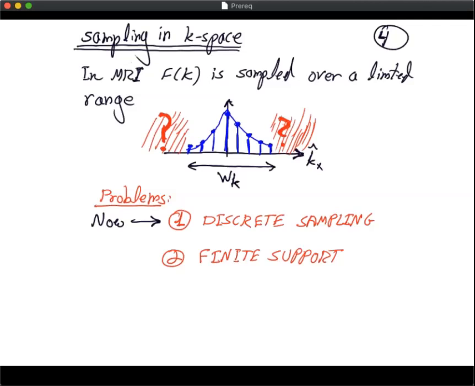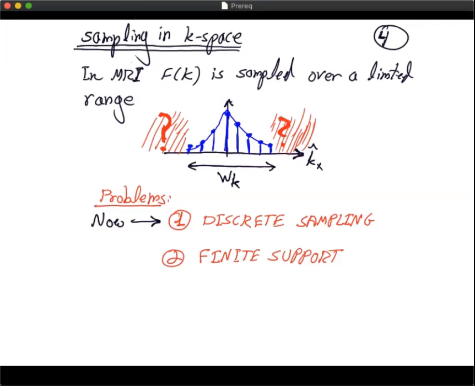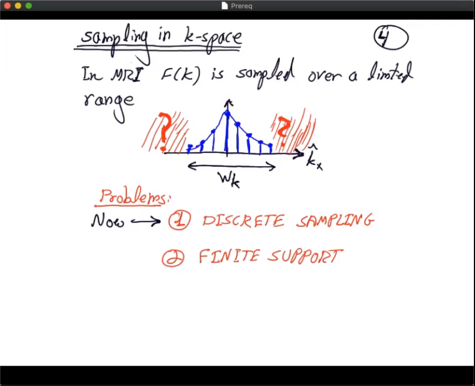So we're going to collect only a finite number of frequencies at low resolution, and those will also be discrete. We're going to do an analysis to see what the effect of this discrete sampling and also the finite support of our frequency is on the MR images that we're going to be collecting. Okay, so that is not completely trivial.